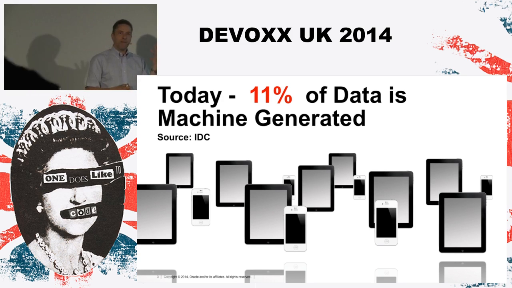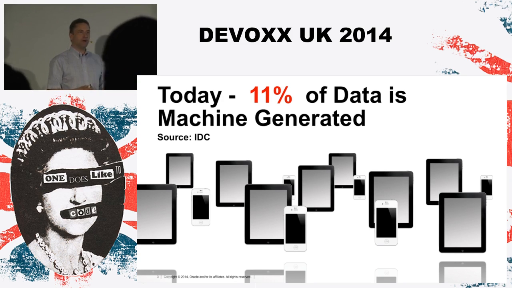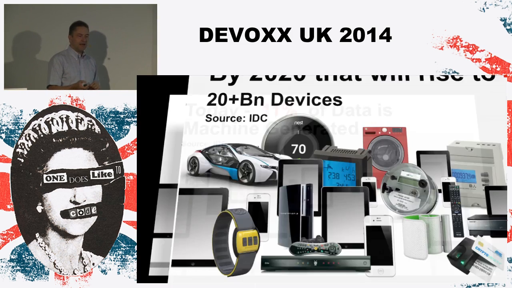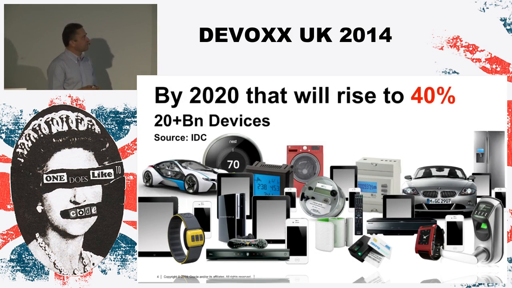So right now, about 11% of the data that we work with is generated by machines. And if you talk to IDC, they say that by 2020, so about 6 years from now, that's going to rise to 40%. So that's a quadrupling, a 400% increase in the percentage of data.